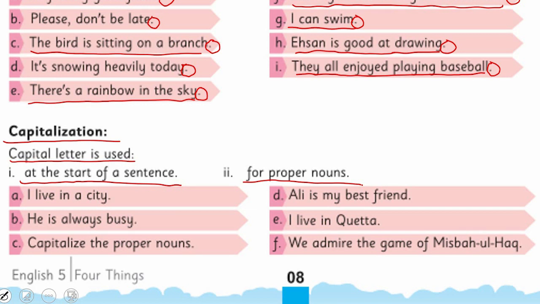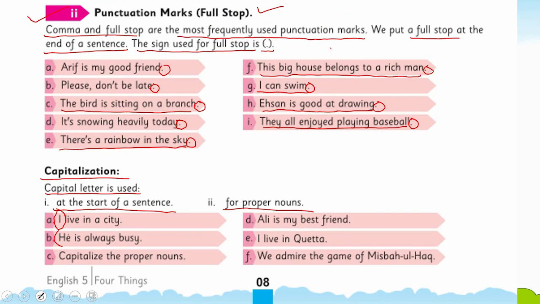So here the examples are, I live in a city. I is capital because it comes at the start of a sentence. The second one is, he is always busy. Here H is at the start of the sentence. That is why the H of he is capital.